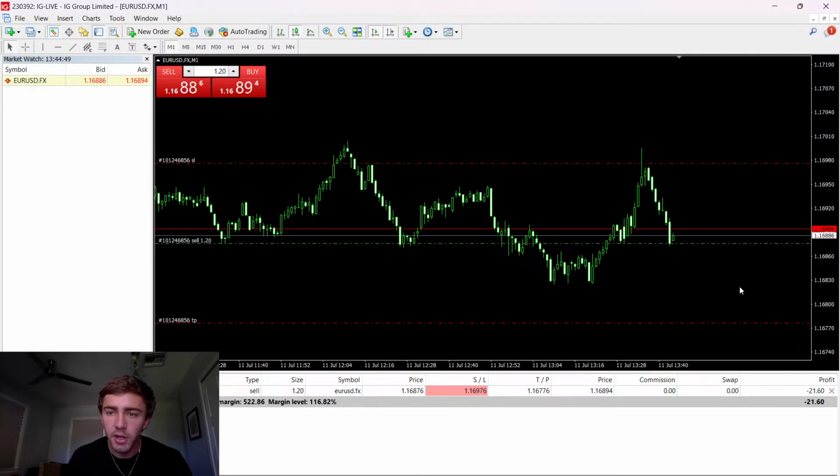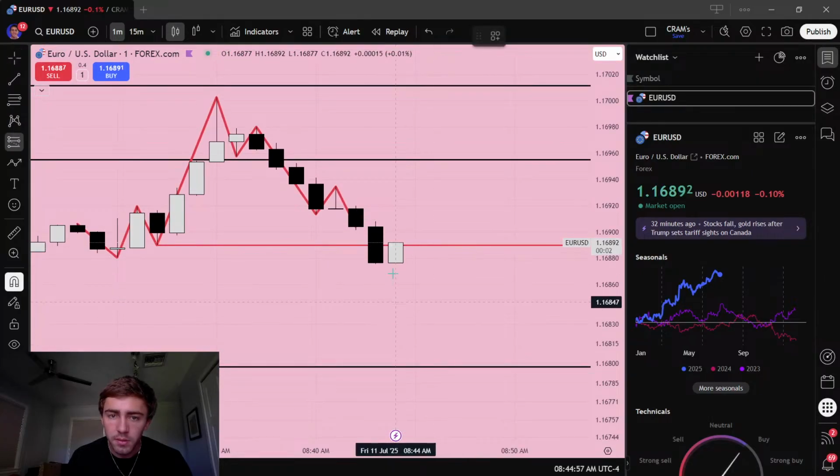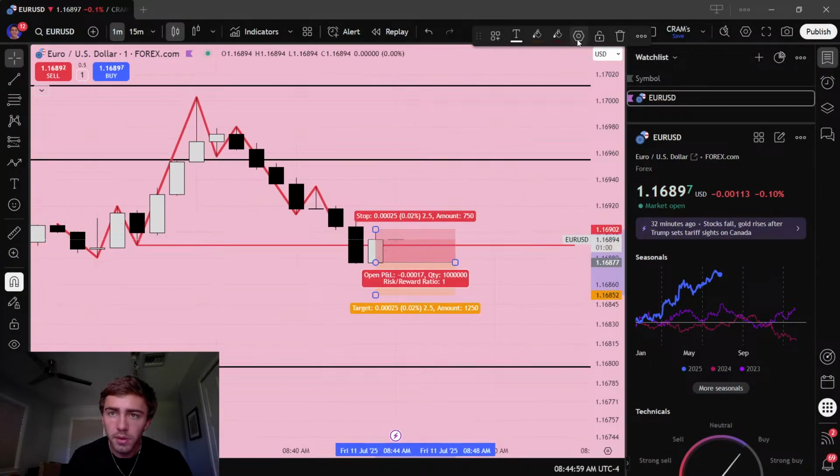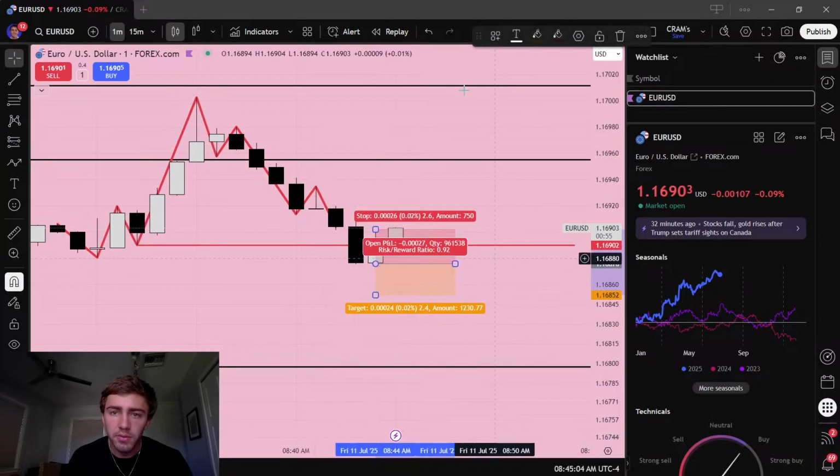This is our 1 minute chart right here. Let's go back. What price did we get in at? 16876. All right, let's see. 16876. Perfect right there.